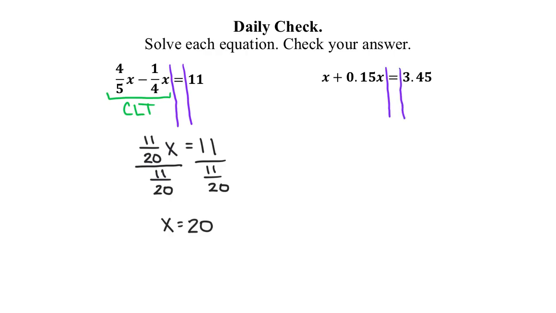Where you see a 1, there's an invisible 1 there. That's the reason that chart's going to stay up on the side of the board all year long until state tests come. There are invisible things in math. That 1 coefficient is one of those things. And then we're going to combine these.